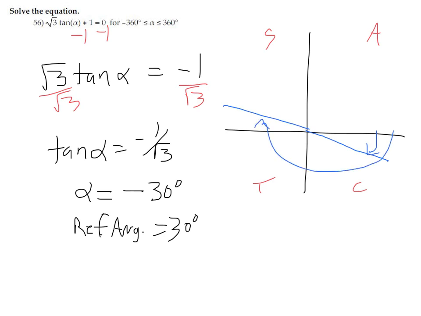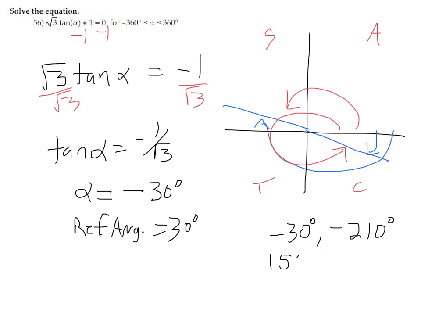Let's work those two out. That would be negative 30 degrees and negative 180 plus 30, which is negative 210 degrees. Those are those two answers. We also need the positive answers. We need this one and this one. Those are 150 degrees and 330 degrees.